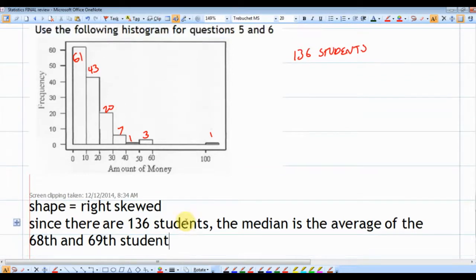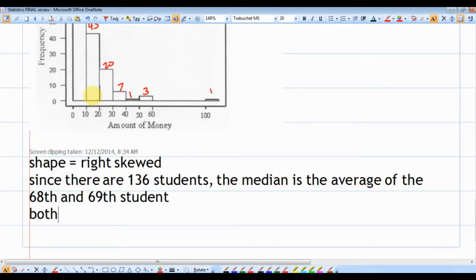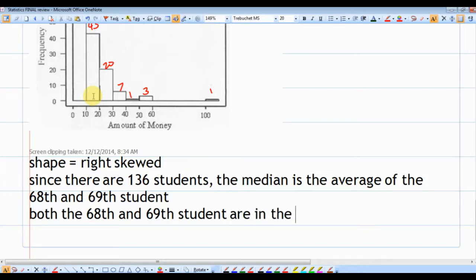So we just need to find out where the 68th and 69th student is. Yeah, they are somewhere between 10 and 20. Both are in the class 10 to 20.